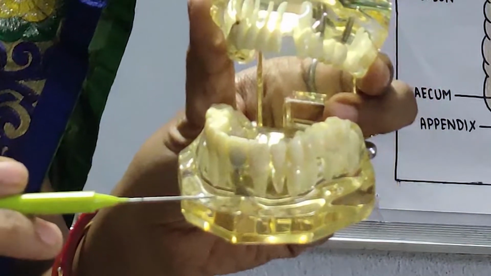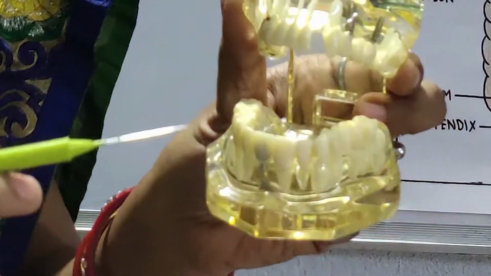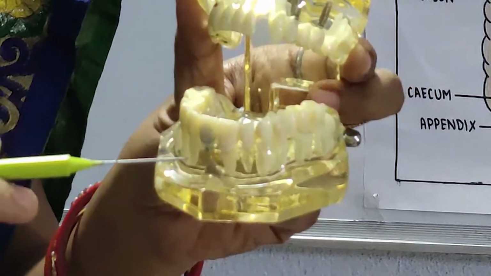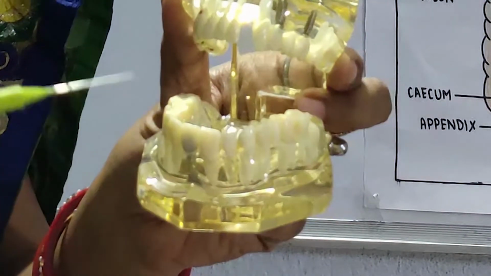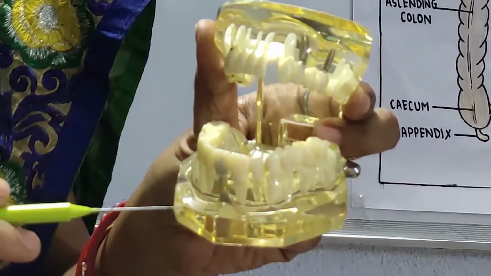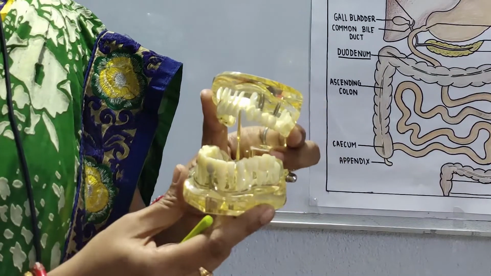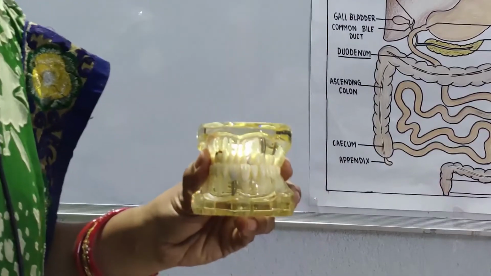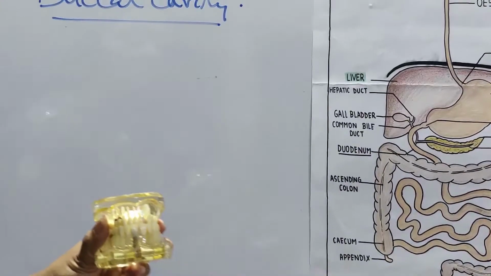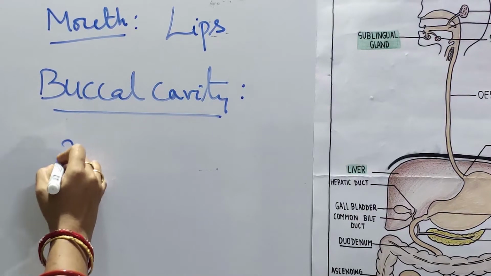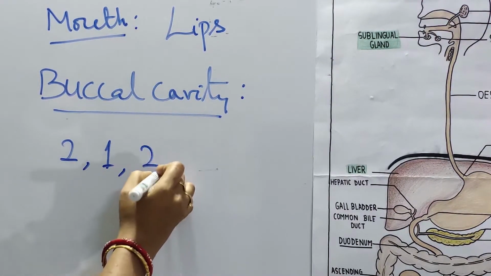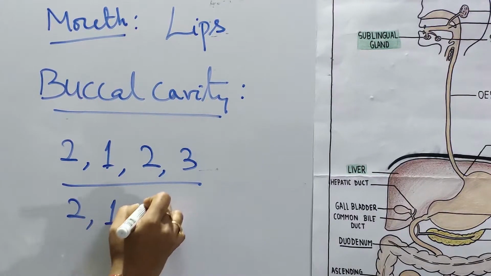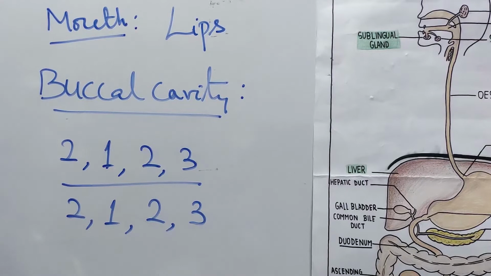So, we can write the dental formula. What is dental formula? The arrangement of the teeth in the jaw, that means when we consider only one half of each of the jaw. So, let us write the dental formula of an adult human. In an adult human, the dental formula is 2, 1, 2, 3 by 2, 1, 2, 3.